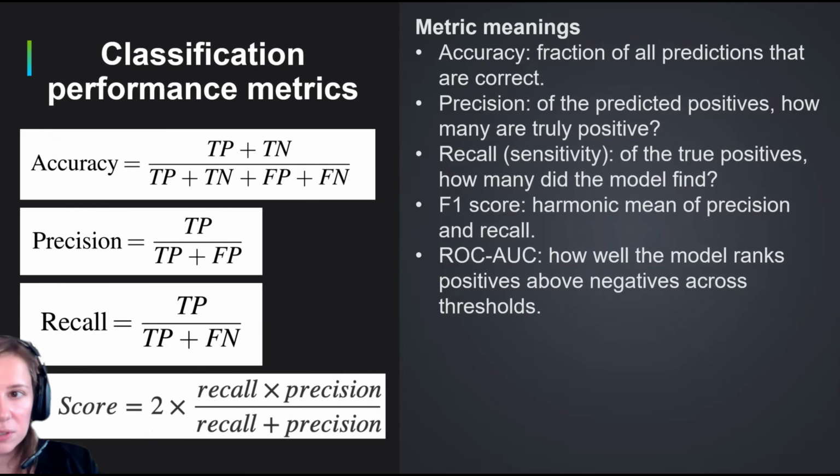But these different accuracy metrics will prioritize different things. For example, the traditional accuracy is the fraction of all the predictions that are correct, right? So if the model got half of the predictions correct, then the accuracy score will be 0.5. This accuracy metric is only good when you have perfect balance in your data set, like 50% cases and 50% controls. Otherwise, you're going to fall into the trap of the accuracy paradox.